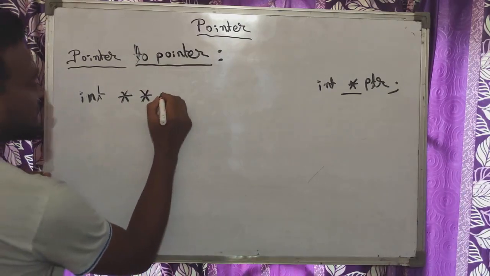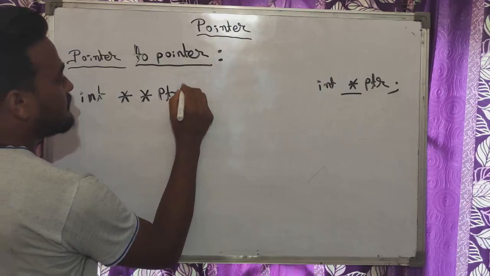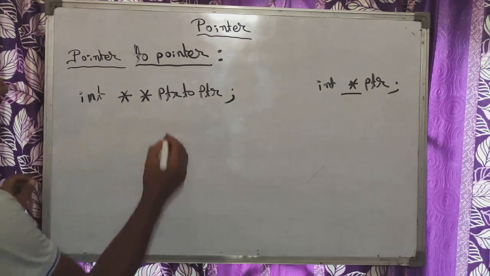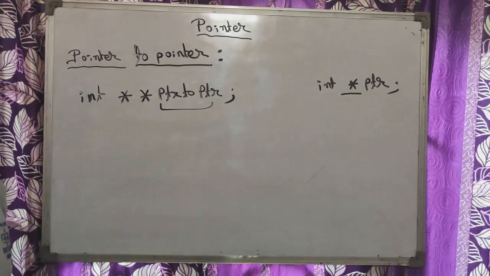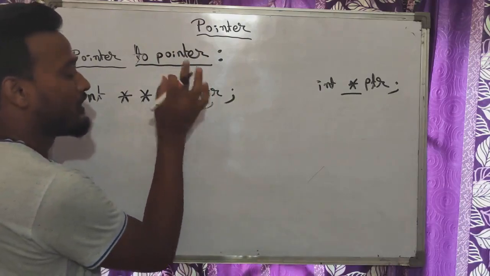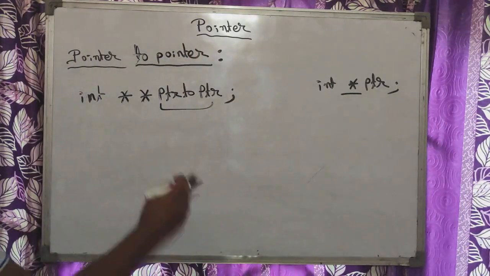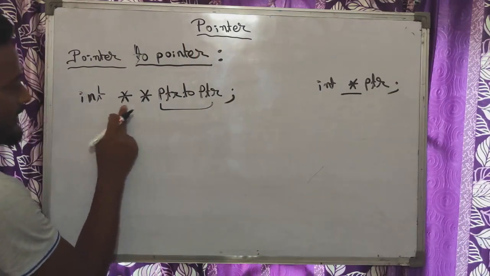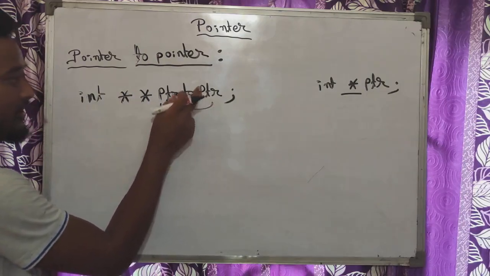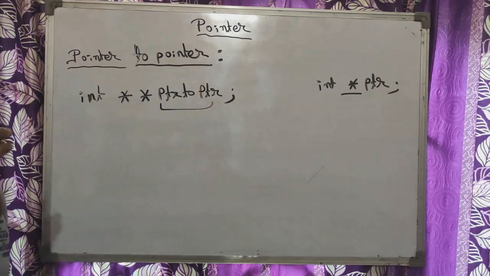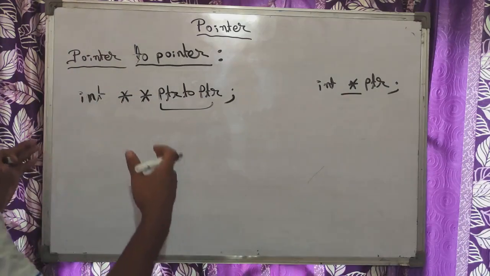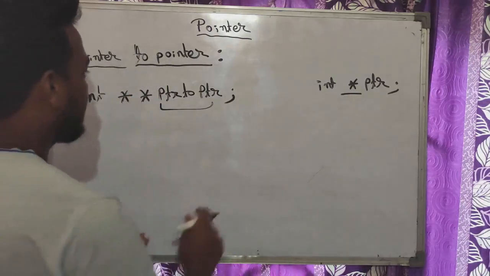Pointer ptr to ptr: I am giving this name so that it will be easy for us to identify that this is a pointer to pointer variable. And you can see here I am using two asterisk operators. Why? Because this pointer to pointer actually works as a two-dimensional array.